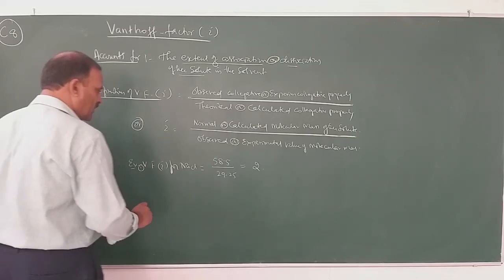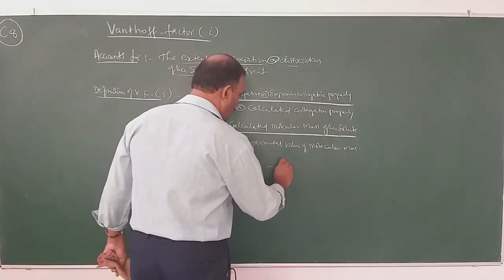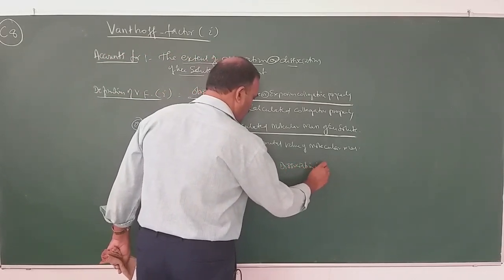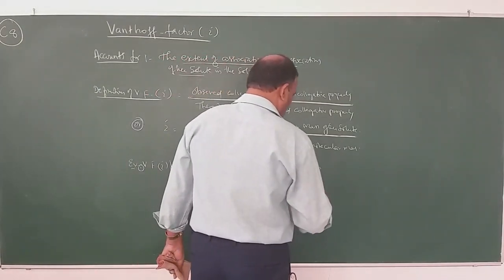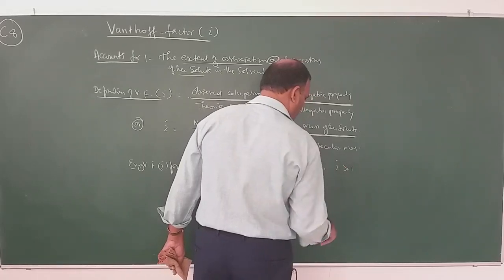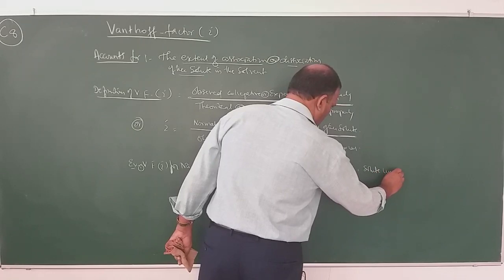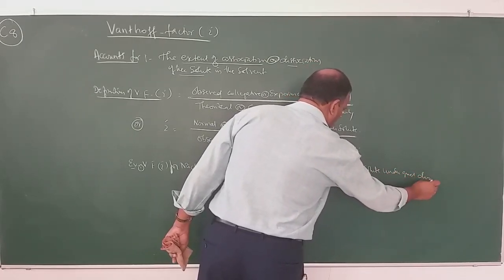Similarly, what happens in sodium chloride? It undergoes dissociation in solution. Therefore, the Van 't Hoff factor is 2. That means if i is greater than 1, the solute undergoes dissociation.